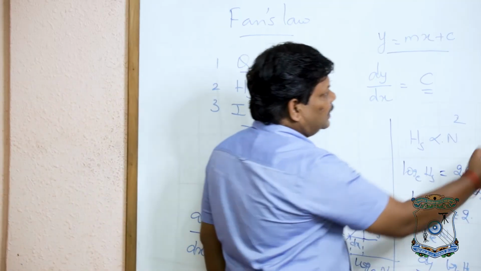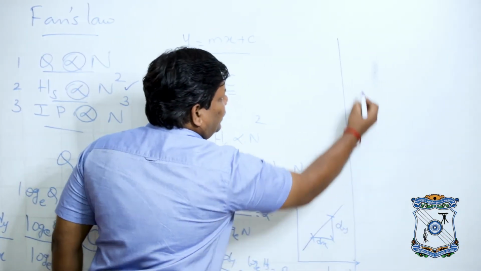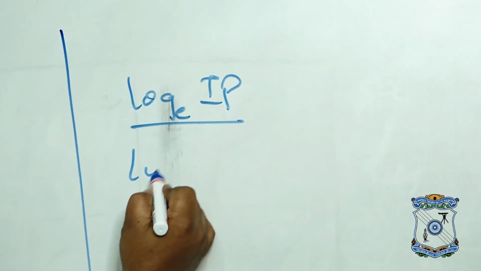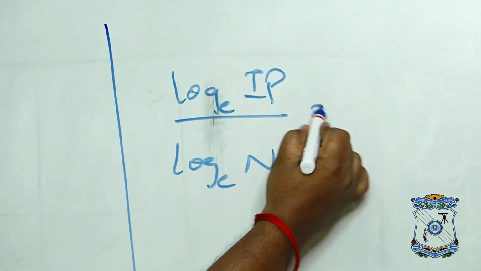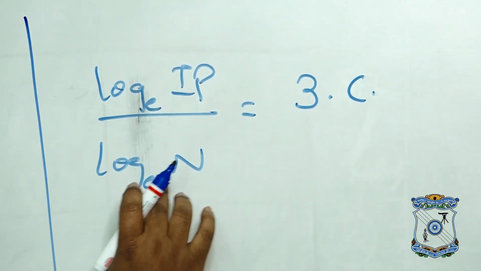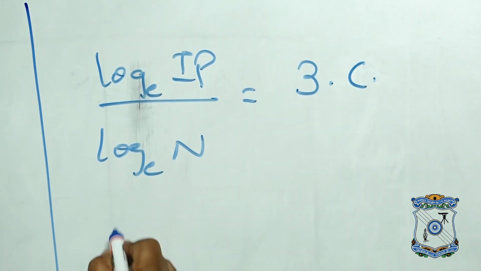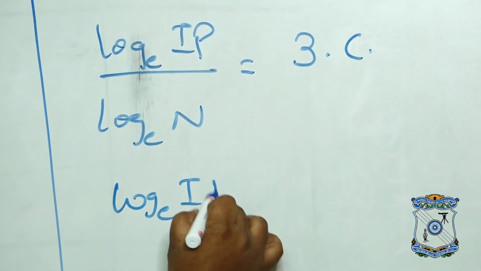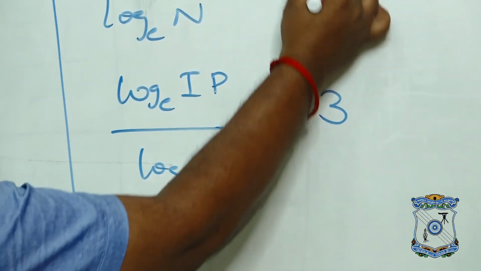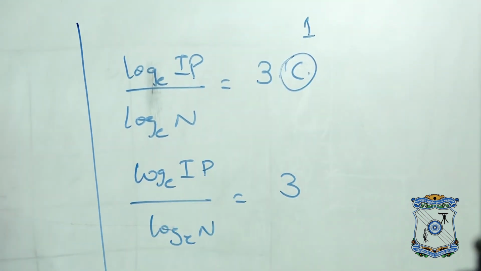And similarly for the third one, log base e IP divided by log base e N should be equal to 3 into c, so that is log base e IP divided by log base e N is equal to 3, as c is already assumed as 1.